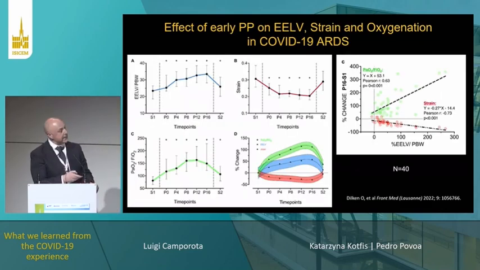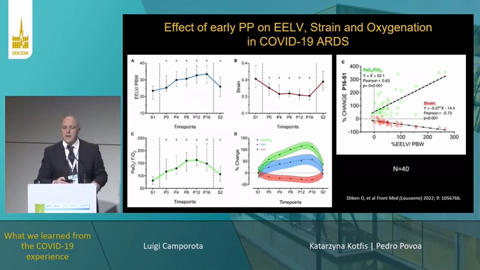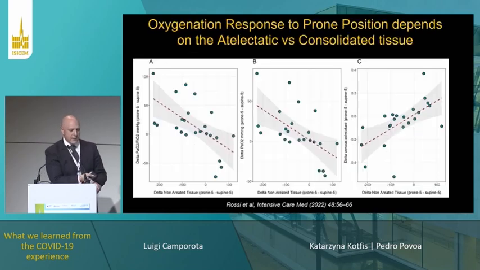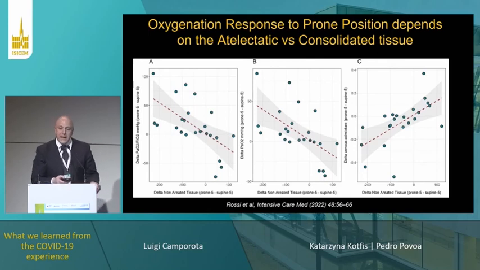The other thing we can see is, again, there is more aeration, a gain of extra end expiratory lung volume over time in prone position, which has the interesting and important effect of reducing strain over time. That's quite important. And clearly this has affected gas exchange.